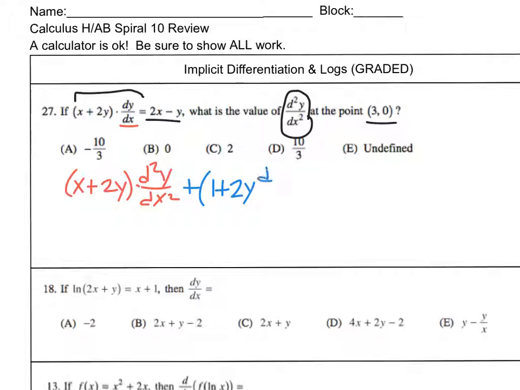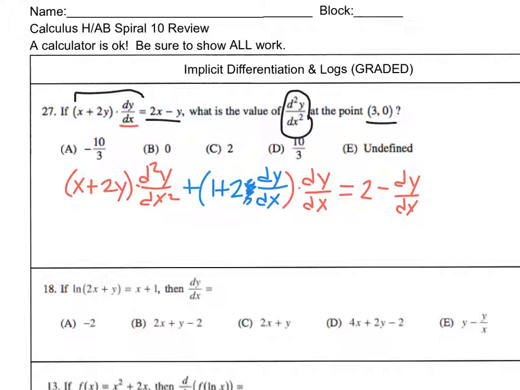I'm going to keep this in this notation. That's going to be times dy/dx. And then on the other side, that's a little bit easier. We're going to have 2 minus dy/dx.